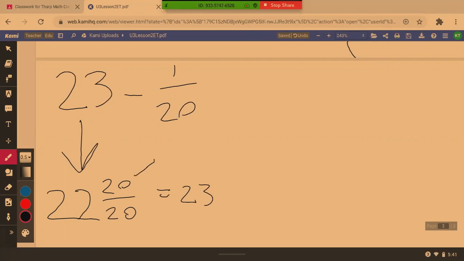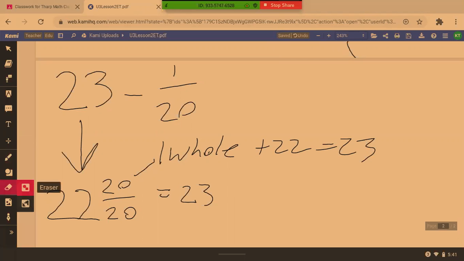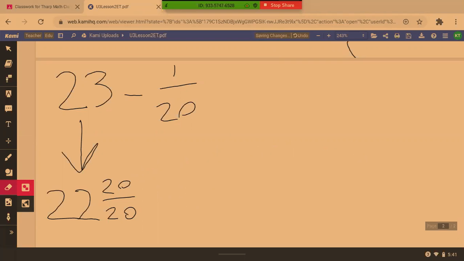Because 20 over 20 is 1 whole. And 1 whole plus 22 equals 23. But the reason why I'm manipulating it like that is so that I can subtract 1 over 20 from it. Because remember, when we're subtracting or adding mixed numbers, we add or subtract the whole number and then add or subtract the fractions.